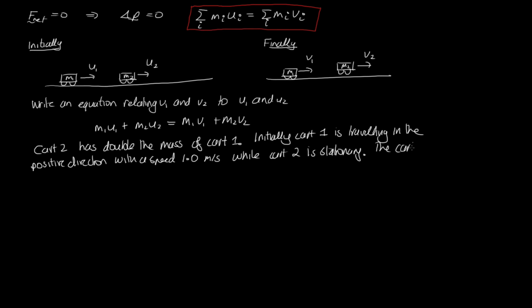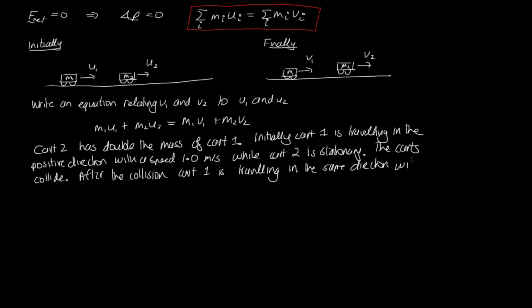The carts collide. After the collision, cart 1 is traveling in the same direction with a speed of 0.20 meters per second. And the question is, what is the final speed of cart 2?